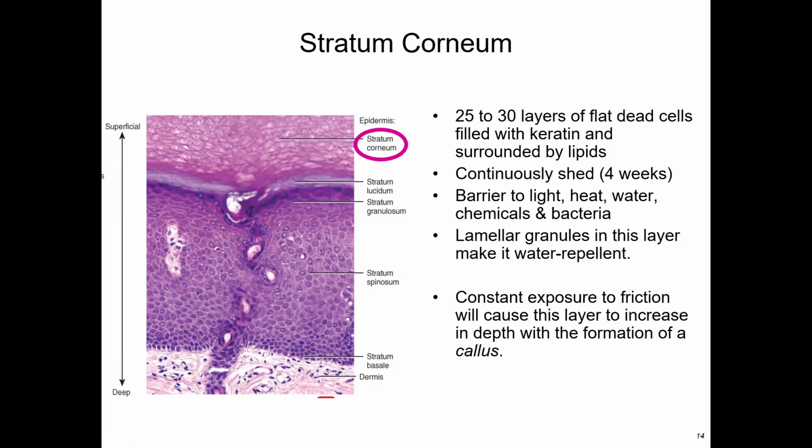In those areas, the stratum corneum doesn't leave because of the pressure, but keeps accumulating into what we call a callus. So this is a thickened layer of stratum corneum, usually in areas under pressure.